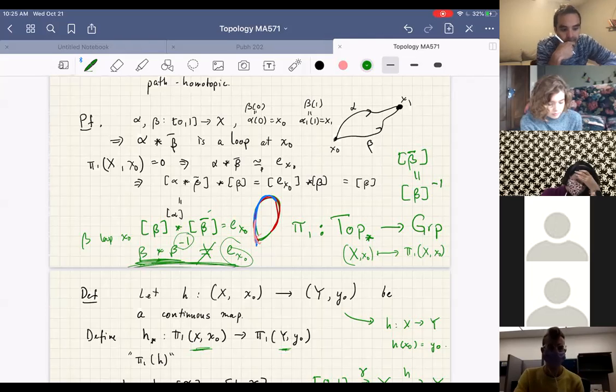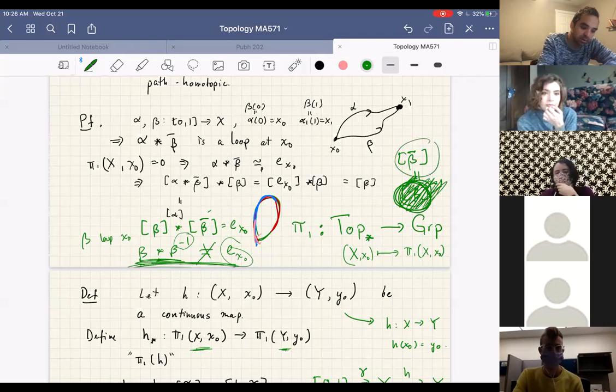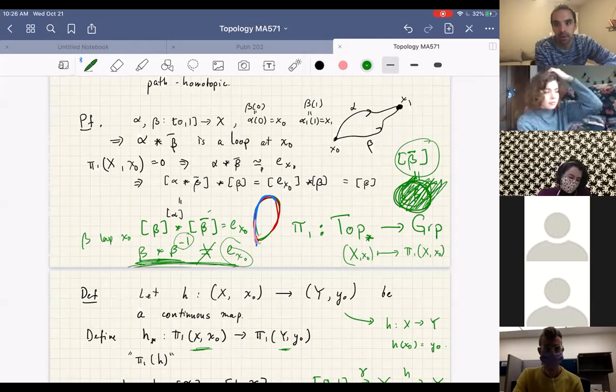I don't know what inverse on the outside means. It just means the inverse of this element considered as a class. But since it's a bit confusing, we just use the bar. Okay, that's fine.